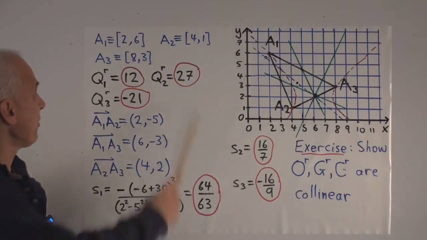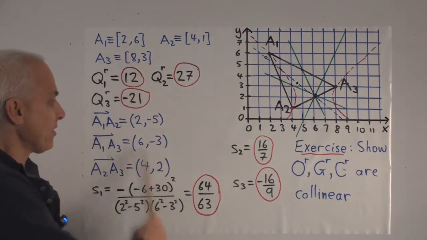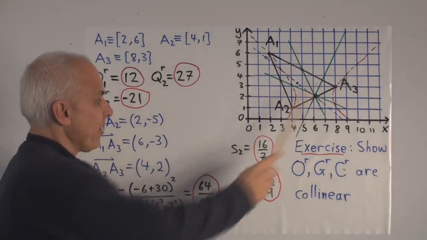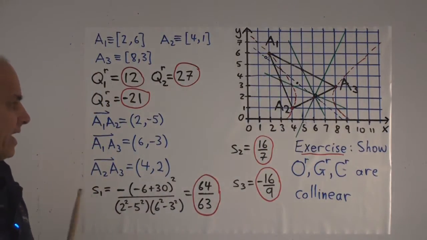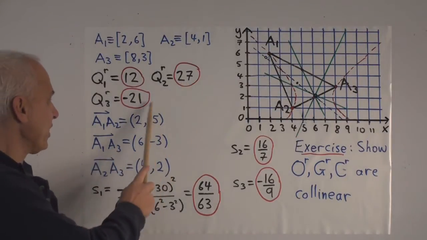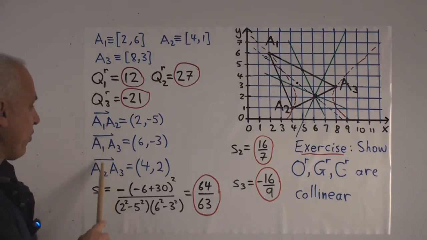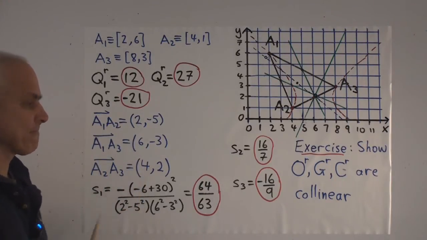So here's an example with the points A1 equals 2, 6, A2 equals 4, 1, and A3 equals 8, 3. There are points right there forming a triangle. And now I'll let you make the calculations that the three quadrances are 12, 27, and minus 21. The vectors joining the points are given by these expressions.